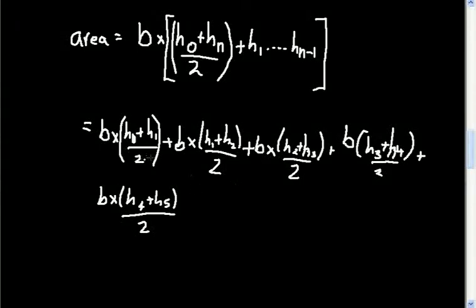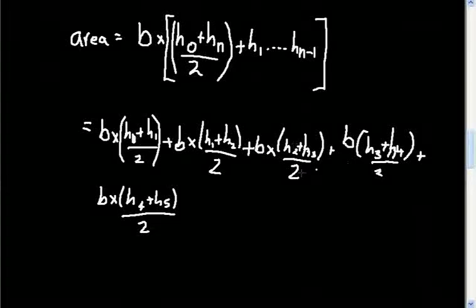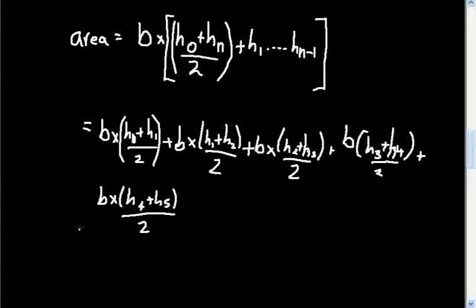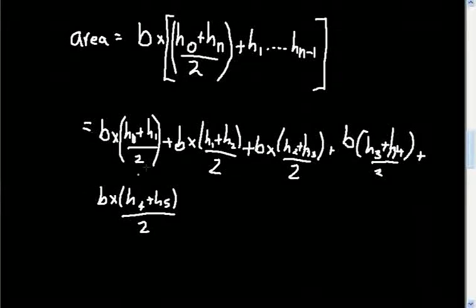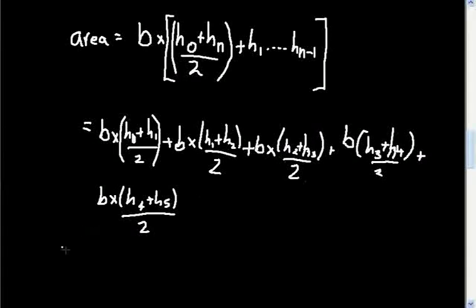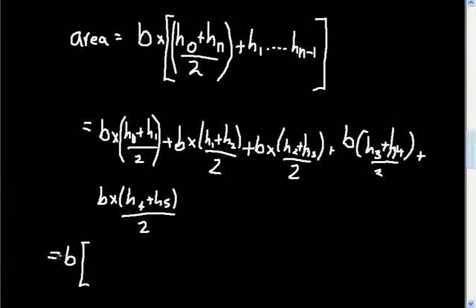We have 5 strips: 1, 2, 3, 4, 5. These are the areas of the 5 strips. But you could see here this b is being multiplied every time, so I'm going to take the b out as a common factor.